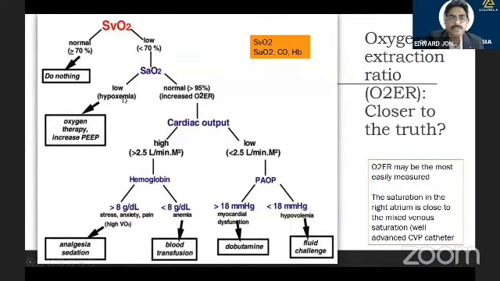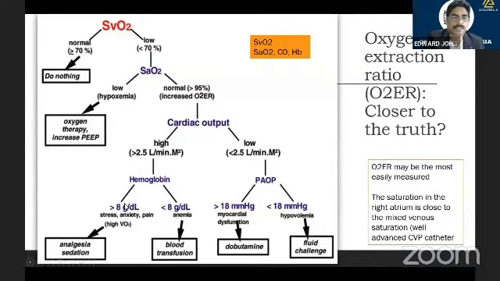If the arterial oxygen saturation is also low, we give oxygen therapy or apply PEEP. If the arterial oxygen saturation is normal, then you look at the cardiac output. If the cardiac output is normal, then you look at the hemoglobin concentration. If the hemoglobin concentration is low, you give blood transfusion.